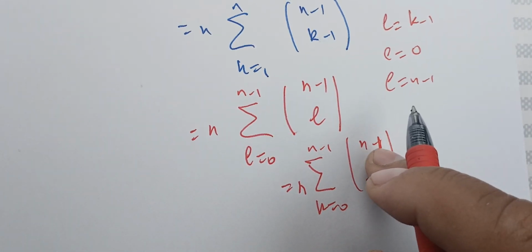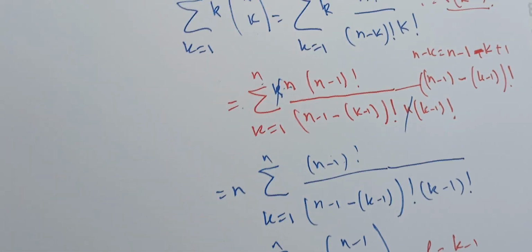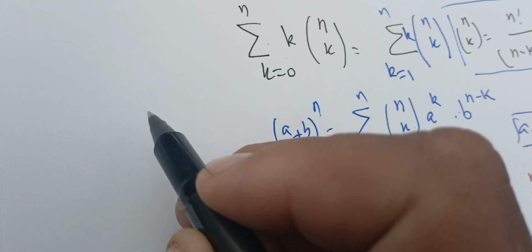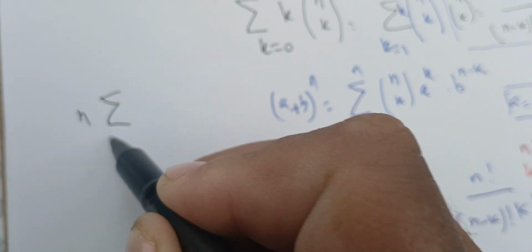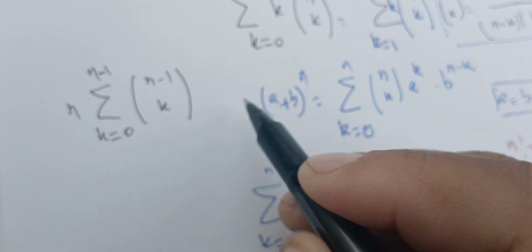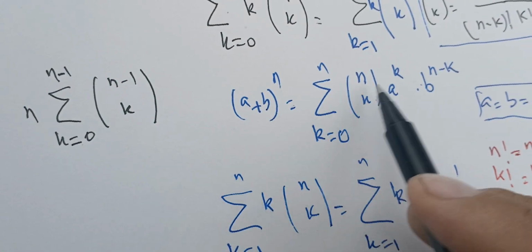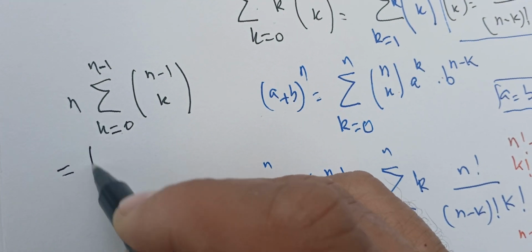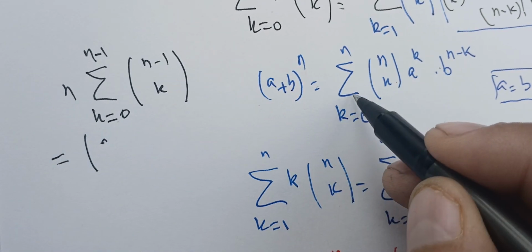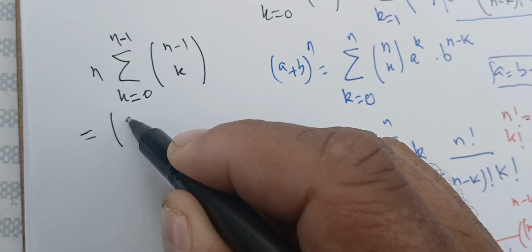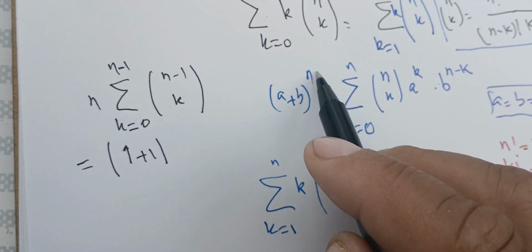According to this expression, let me write it here. I have n, the sum k going from 0 to n minus 1 of n minus 1 choose k. Compare these two. This should be equal to the sum of a plus b, so I take a equals b equals 1. I'm going to have 1 plus 1 to what power?